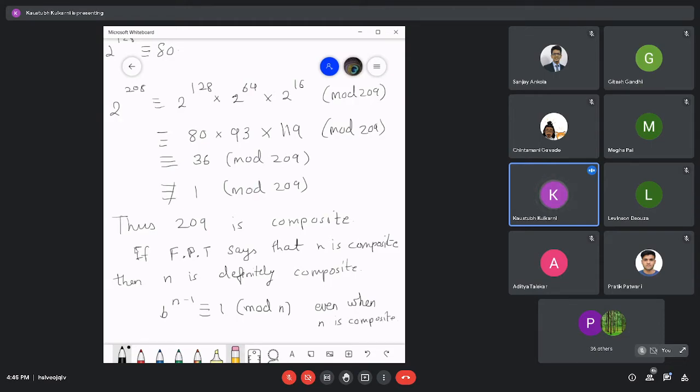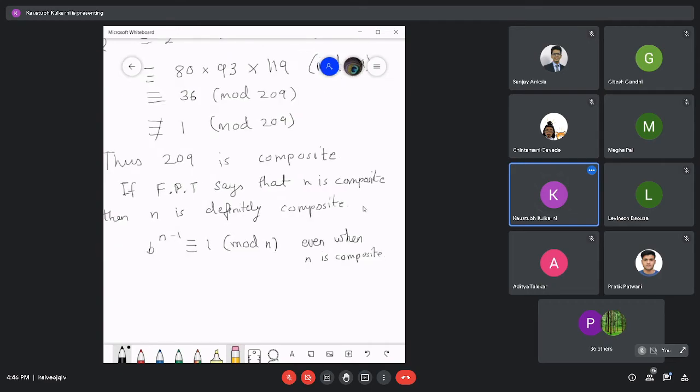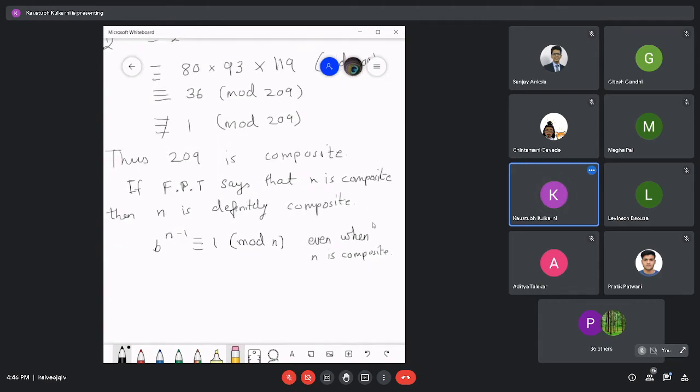So when it says that a particular number is not composite, then it may not be true.